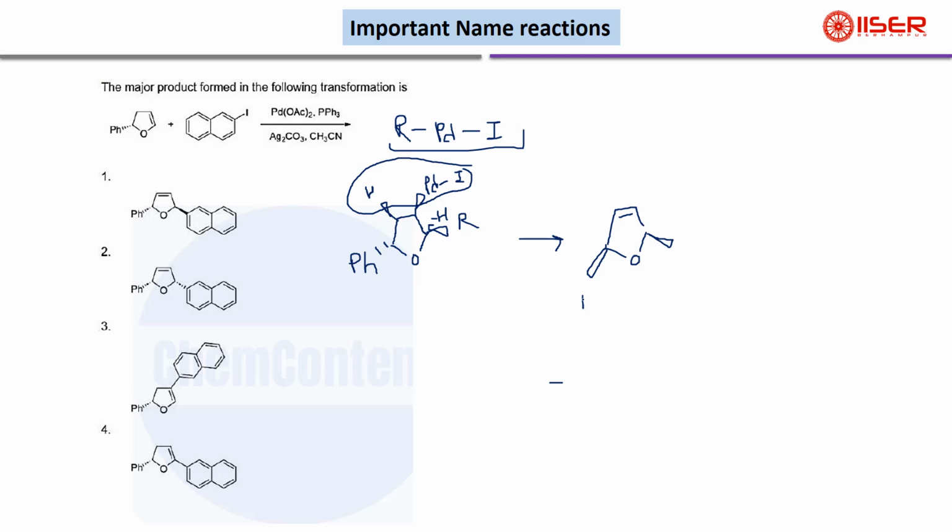So there will be phenyl here and the naphthyl. So the correct option is option 1. No, sorry, I just drew it wrong.